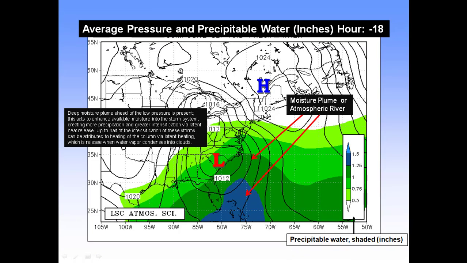So when we talk about the moisture source for nor'easters, and why New England gets so much snow, or even parts of New York and Pennsylvania, even Manhattan, this causes a huge problem as well, especially for the track B storms. Where does all this snow come from?